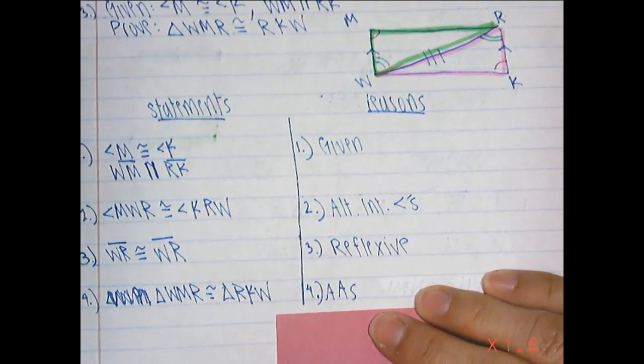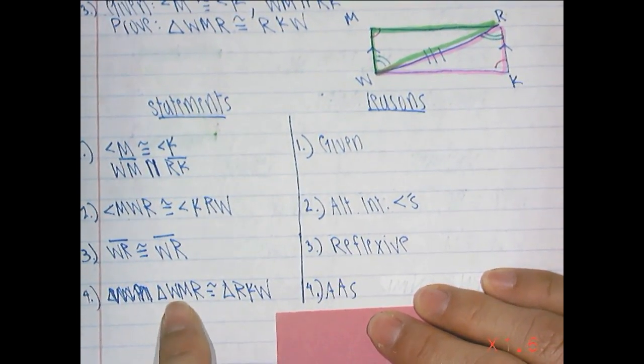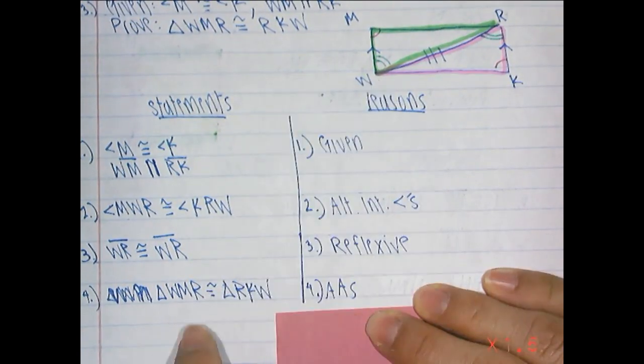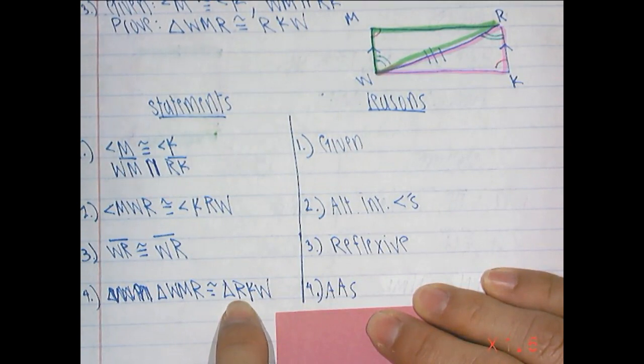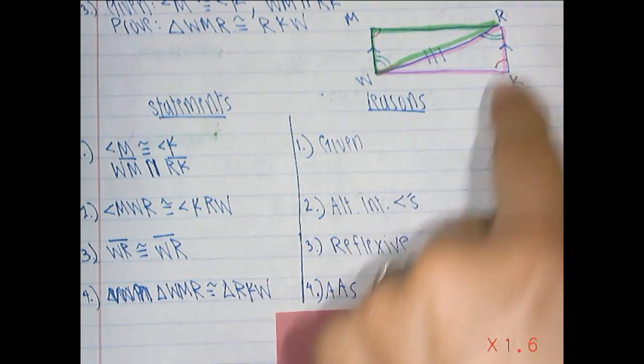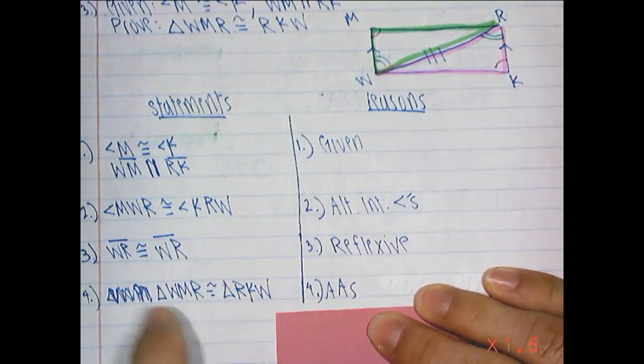And remember what I said earlier, that in your congruency statement, the W, has 2 lines. It has to correspond with the same angle with 2 lines, R up here with 2 lines. So W and R need to match. M just has 1 line.